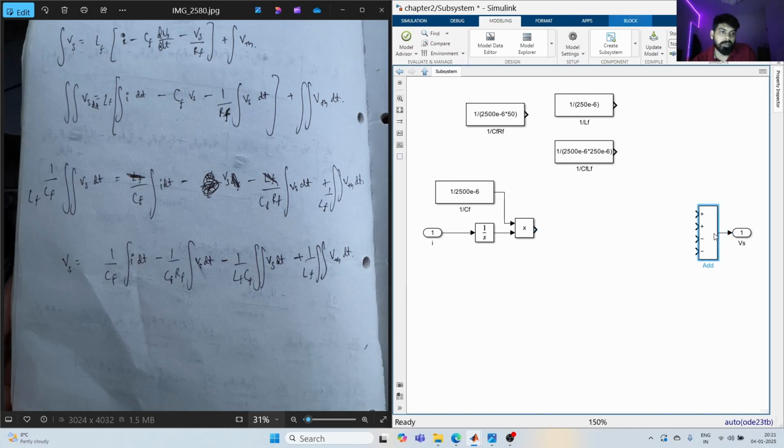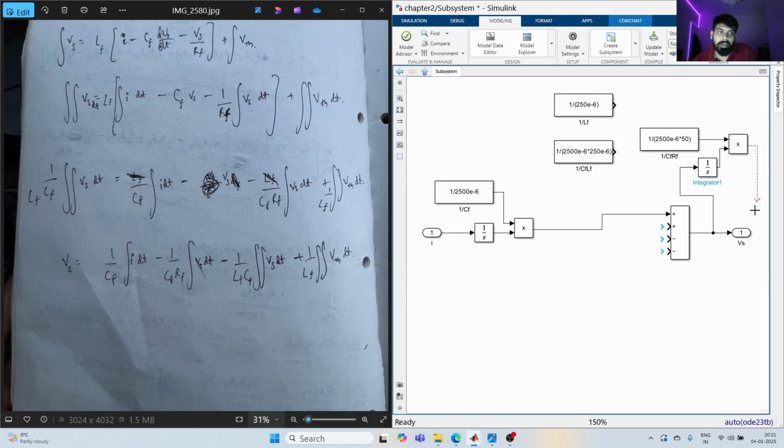So, and this goes on Vs. So this one goes to positive. The next one should be Vs getting integrated, and then multiplied by 1 by CF RF, and then feed it to the negative, right?